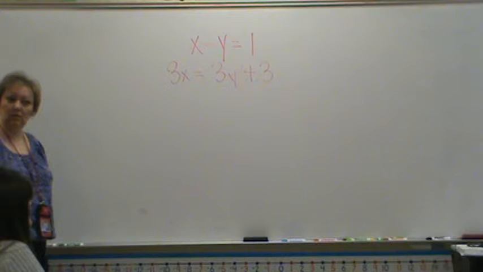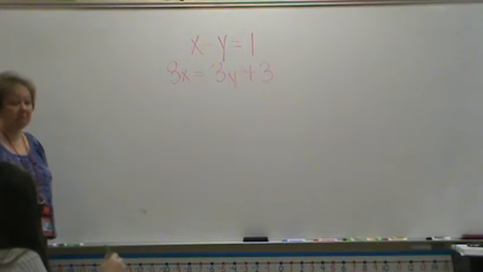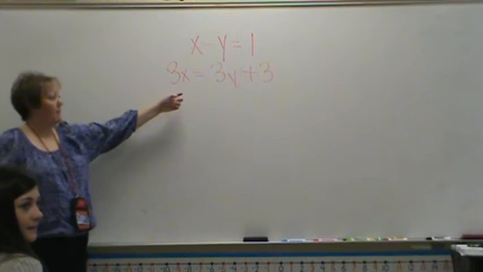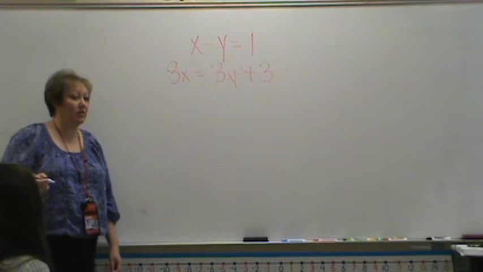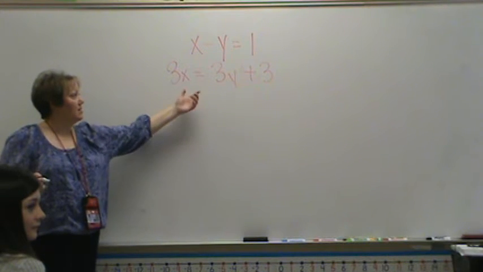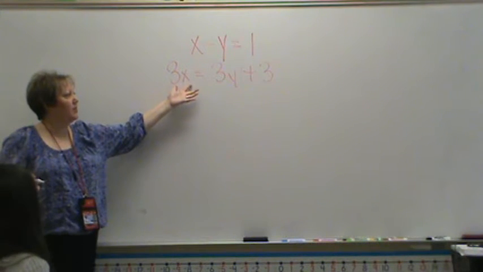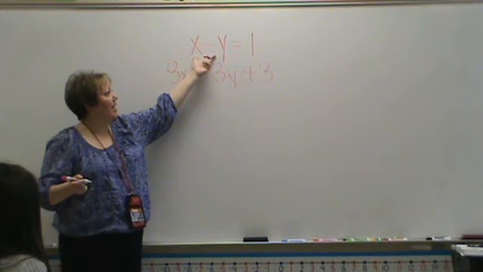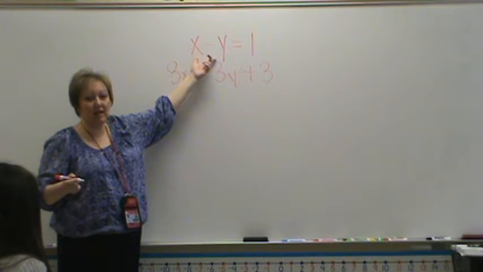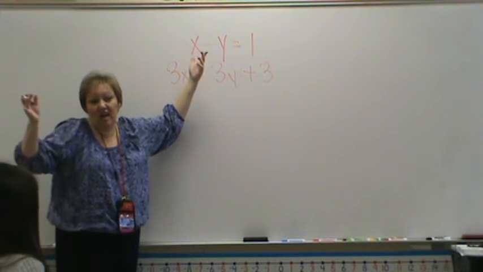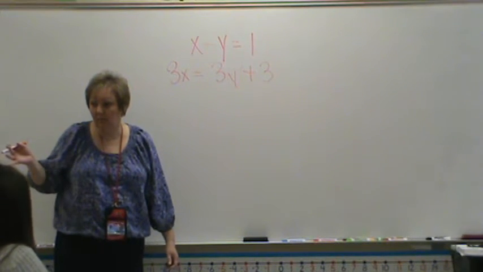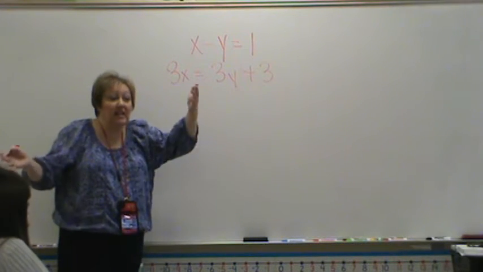Wouldn't it be easier to get an answer for the top one, because the top one doesn't have any numbers except for the one? Sailor sees this variable's already over here by itself. If I go with this one, I've got two variables on the same side. Either way you go, it's only going to be one step, so it doesn't matter to me.